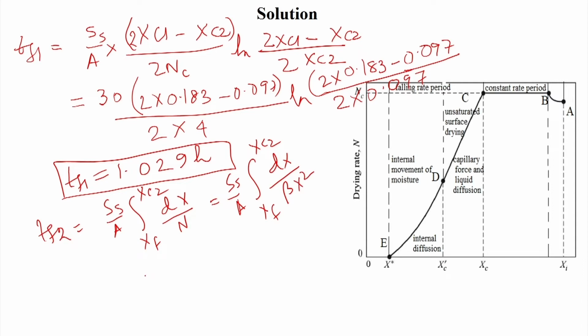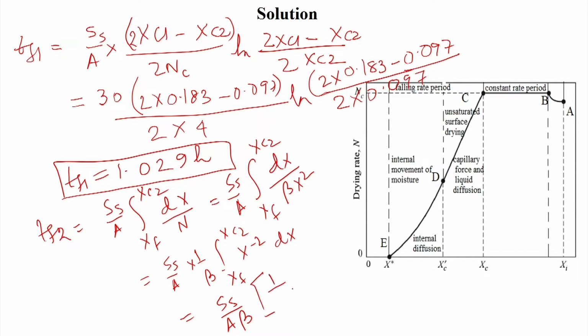That is equal to Ss by A into 1 by beta and integration xf to xc2 of x to the power minus 2 dx. That comes out as Ss by A beta into (1 by xf minus 1 by xc2). So, that is Tf2. If we put all these values, we will get the result.